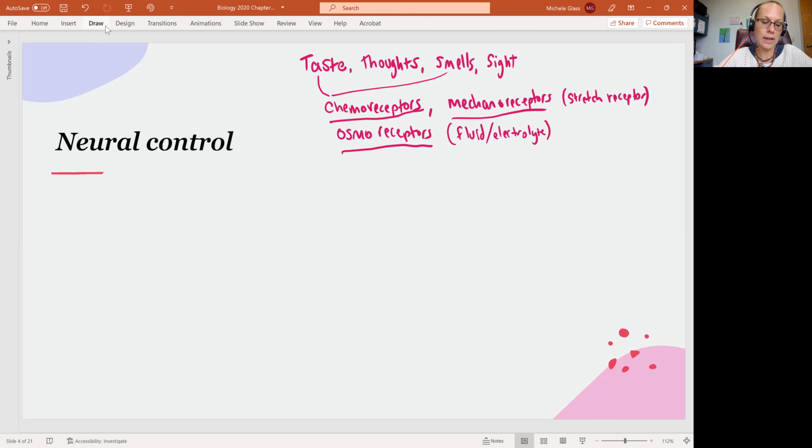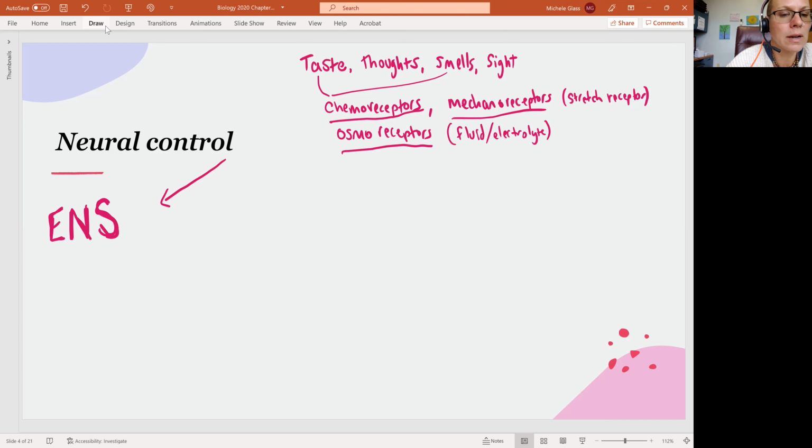When we are talking about the neural control, we have two major divisions of the nervous system that will be involved. So we are going to see here the enteric nervous system that we mentioned in brief early on, and we said we're going to talk more about it here.